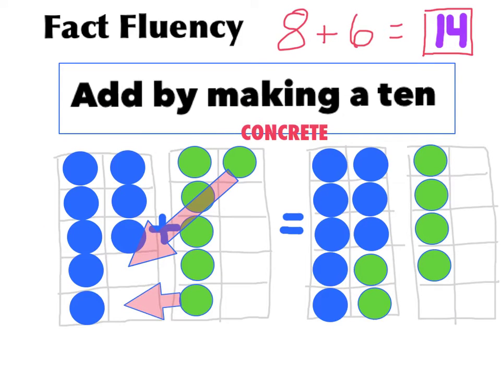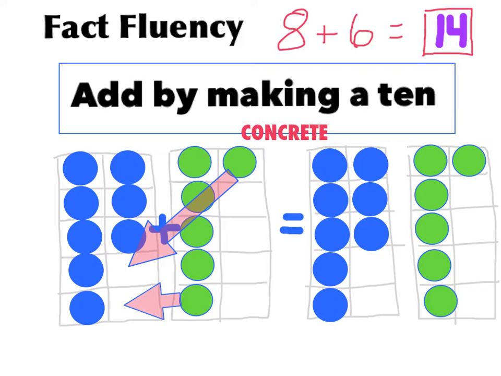Many of us have used the concept of making a 10 in our instruction for problem solving on those basic algorithms. Through the concrete, pictorial, abstract method, this is the first time that I've seen it done consistently from that progression, concrete to pictorial, abstract.